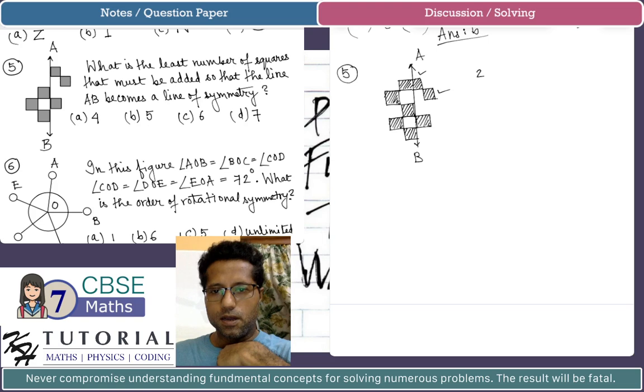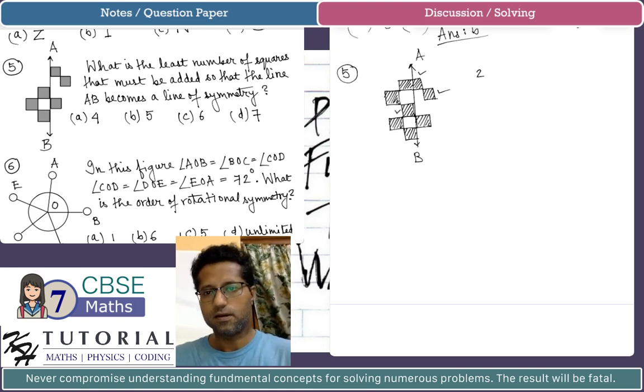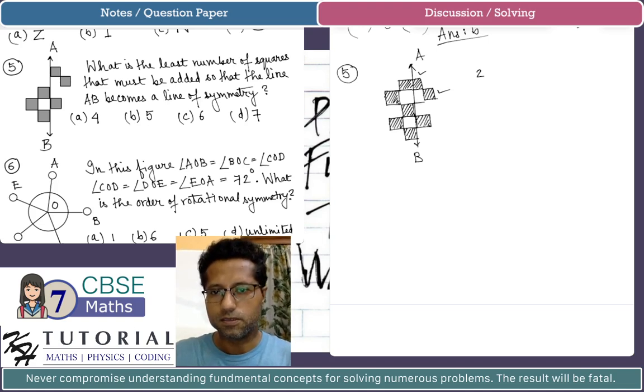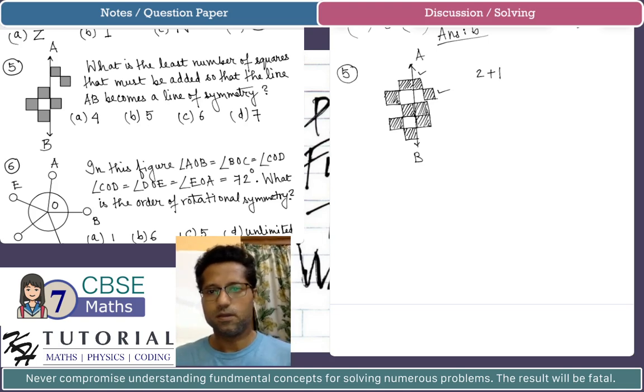Now this square, the square beside, on the right hand side of the tick mark, also has to appear on the right hand side. So I have to make the square like this on the right hand side. So I've added one more square.